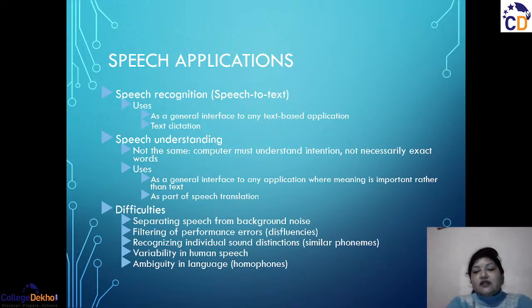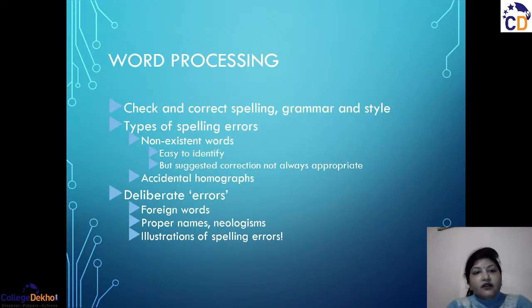These are some examples which I have just discussed, like what all things can be there in a speech application, like text dictation. We can give any text dictation to the students, and it automatically converts into text, right? And the second thing is word processing.